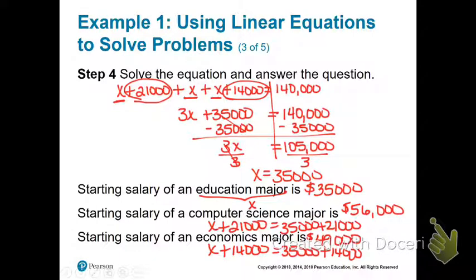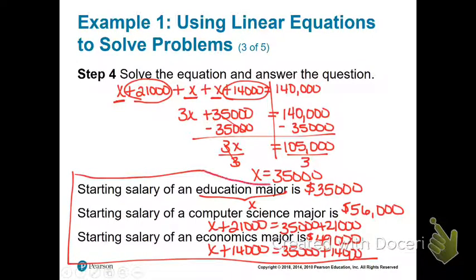Yes, it is. And it said combined that their salaries would be $140,000. Is $35,000 plus $56,000 plus $49,000 equal to $140,000? It is. So these are our answers right here. We know that they are reasonable answers.